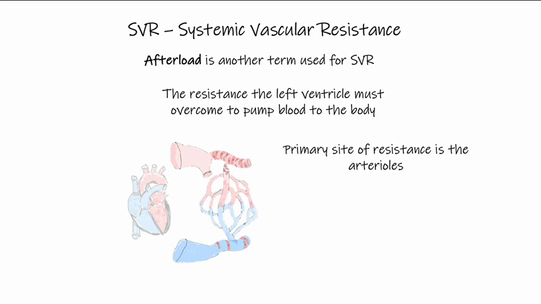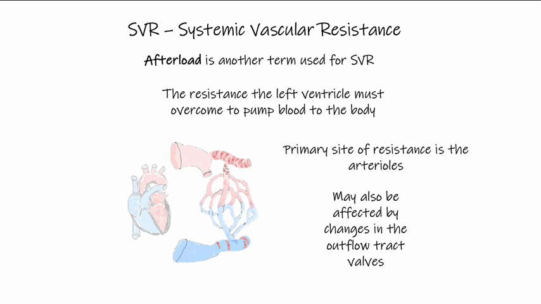So the primary site of resistance is our resistance vessels, the arterioles. As we talk about changing systemic vascular resistance, physiologically, it's often dealing with changing the vascular smooth muscle in the arterioles. But in addition to the arterioles, SVR can also be affected by the outflow tract valves, or the aortic or pulmonary valve.